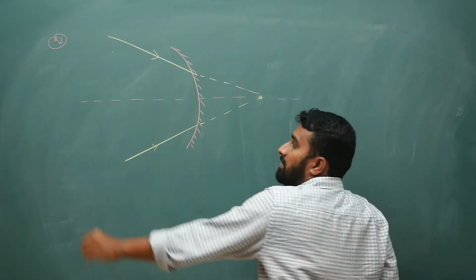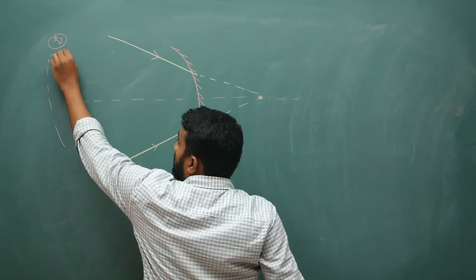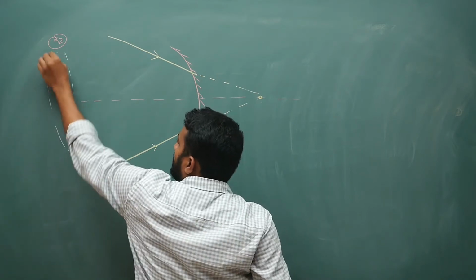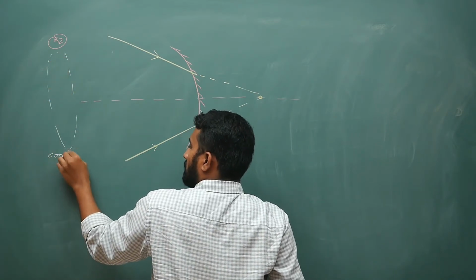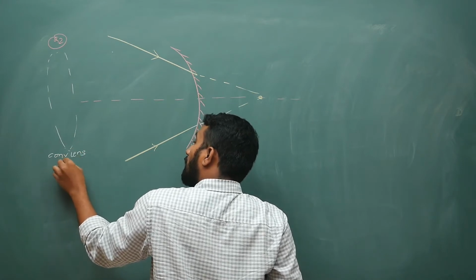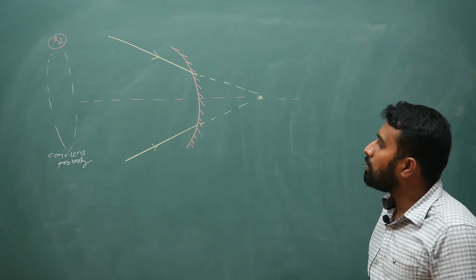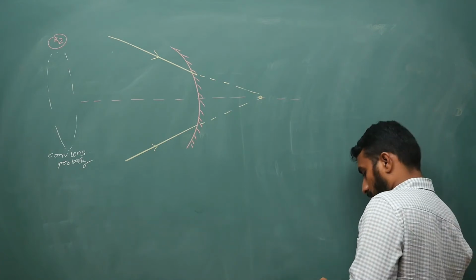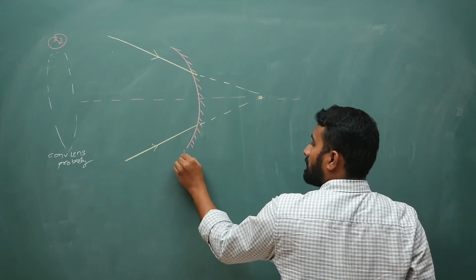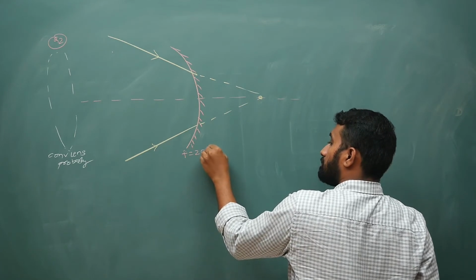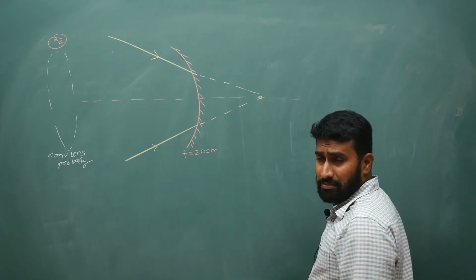Probably these are coming from some converging lens, which we will see later, or it could even be a converging mirror. So from some distance they are coming. Your focal length is 20 centimeter and they are meeting.